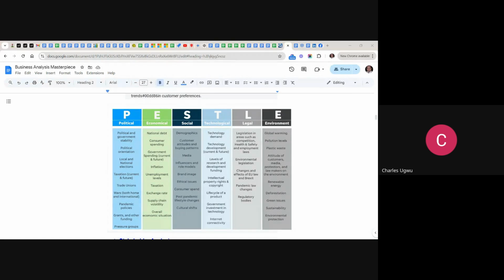You need to look at the various regulations that are regulating your business environment.